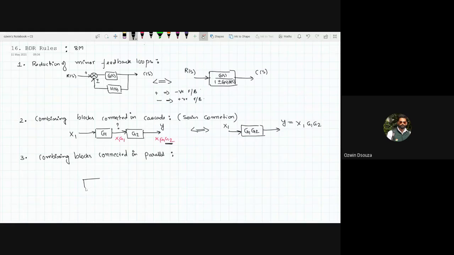Say you have some block G1 and you have some block G2. Let's say some signal X1 is coming in.